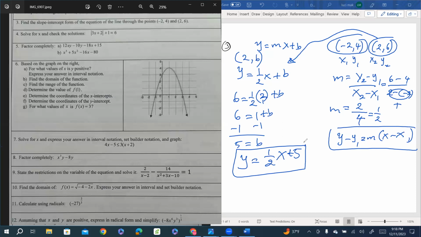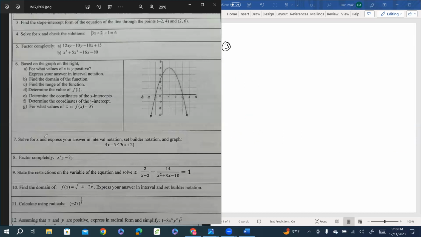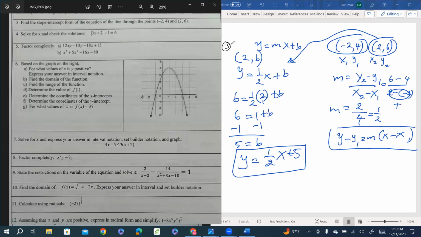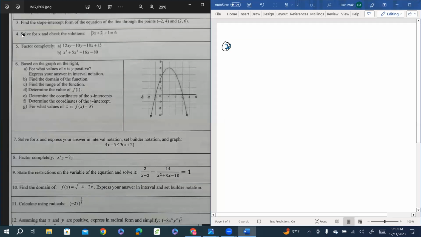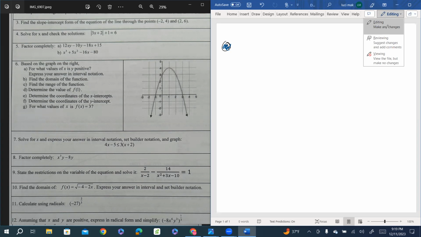All right, so let me just erase all these drawings to go to number 4. Question number 4. Let me see if I can erase this now. That's interesting. Let me see if I can erase this.